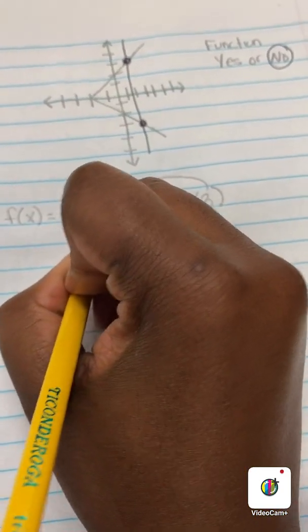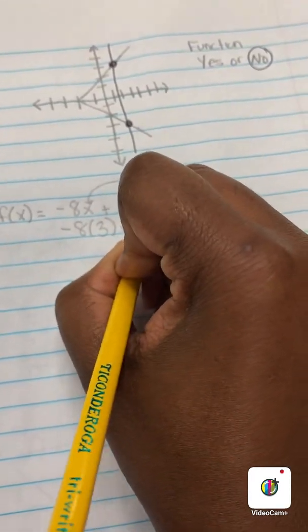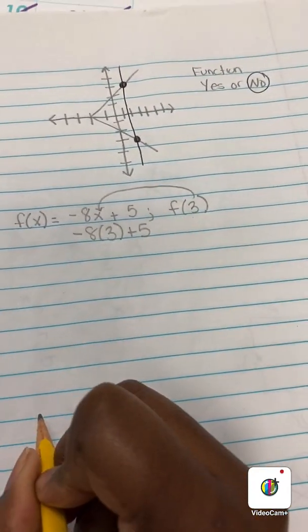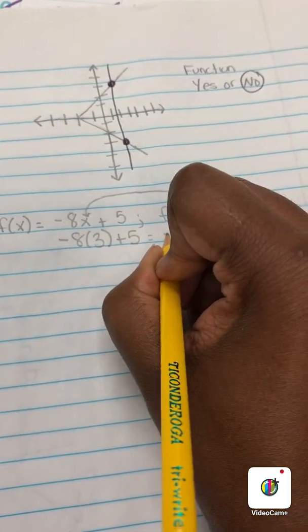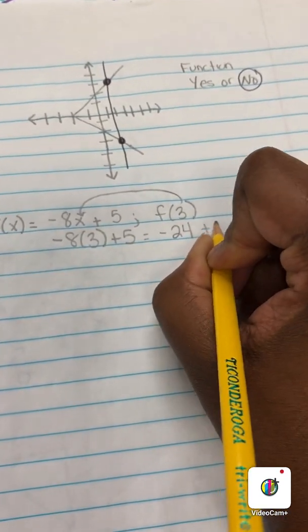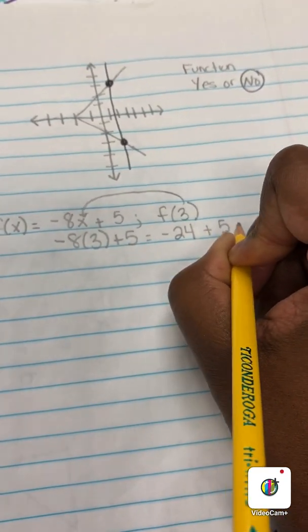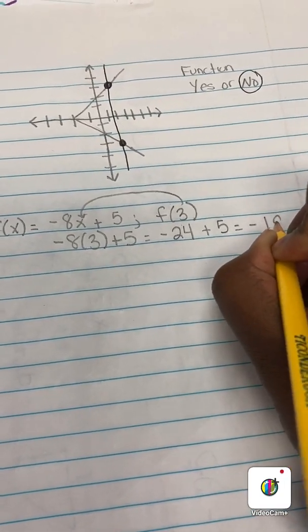So I have -8 times 3 plus 5. All right, so we have -24 plus 5, and that is going to give us -19.